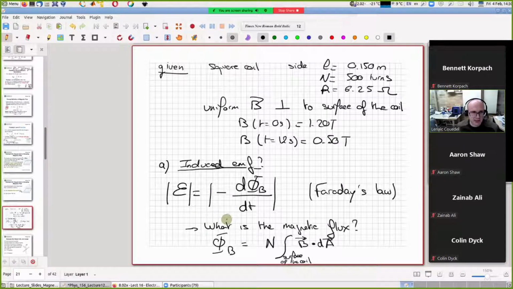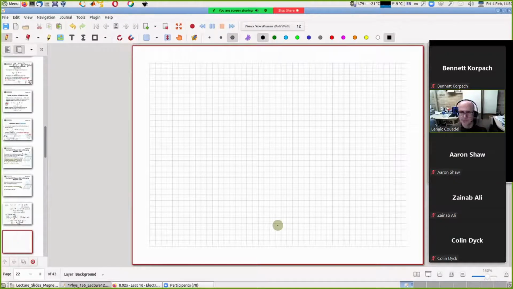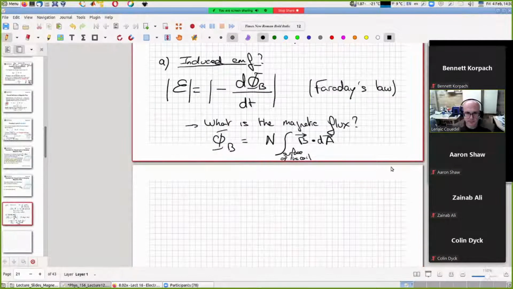It's the same thing as we've seen for the magnetic field in a solenoid, where you have to take into account every turn of the solenoid to calculate the magnetic field. So it's the same for the flux. You have N loops, so you have to multiply by capital N here to get the total magnetic flux through the coil. So let's try to calculate this.